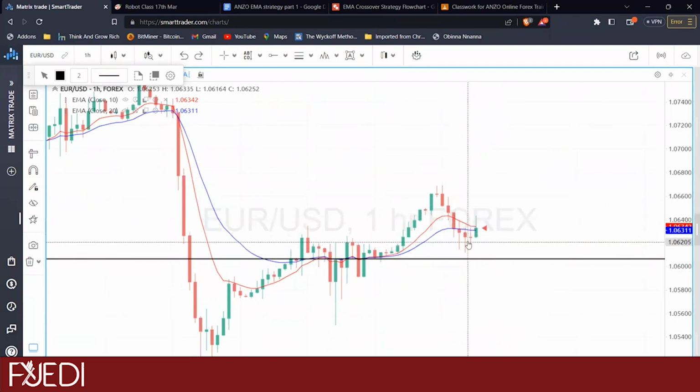The candle before it is candle ID 1. So this will be candle ID 1, this will be candle ID 2, this will be candle ID 3. So the current candle is candle ID 0, this one is candle ID 1, and this one is candle ID 2, and like that.